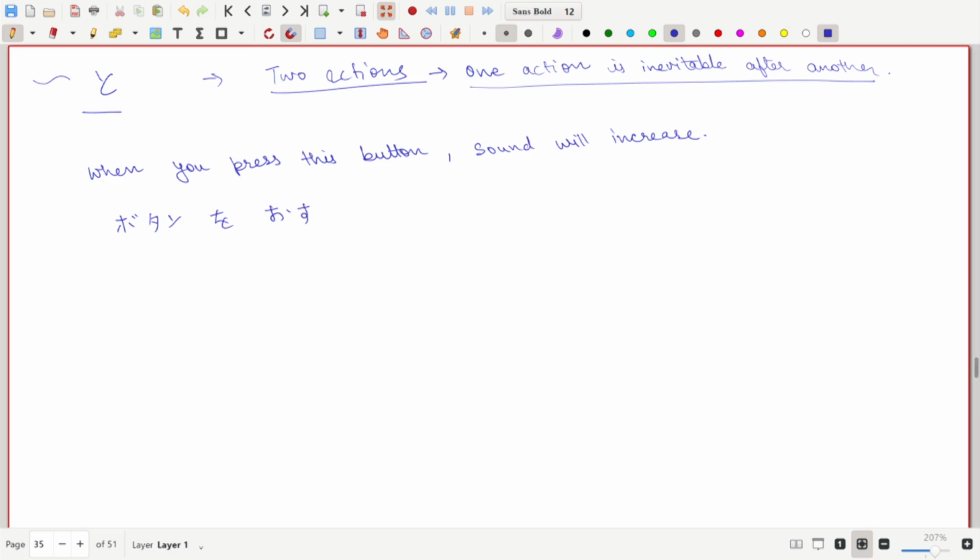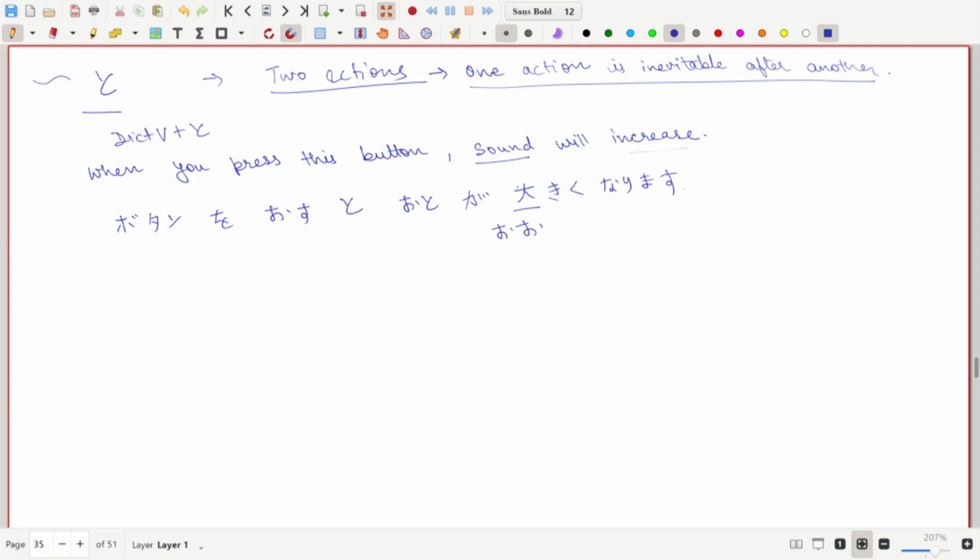Oshimasu, dictionary form osu. So it will always come with dictionary form plus to. Botan o osu to. Sound is oto. Oto ga okiku narimasu. So the kanji is oki.